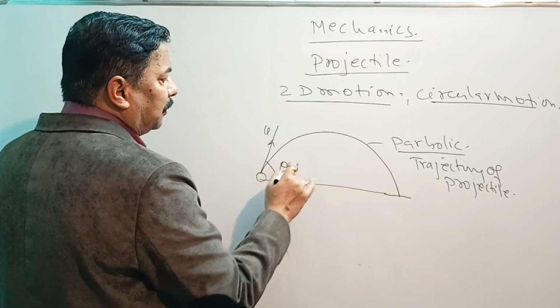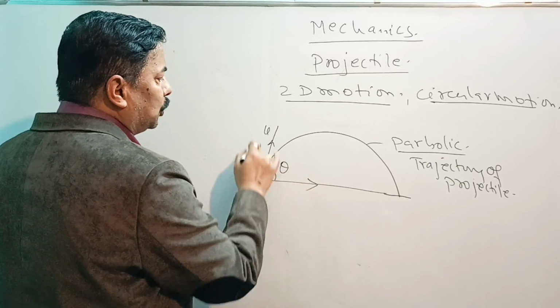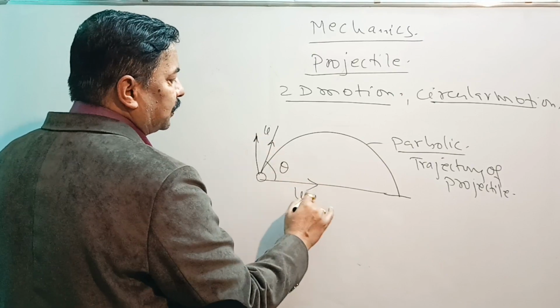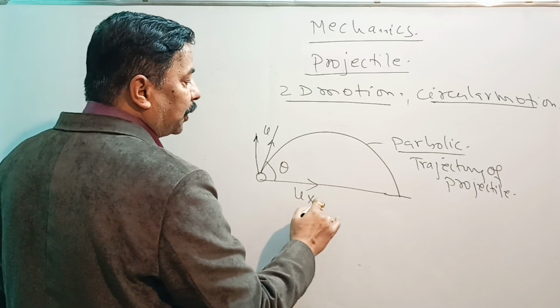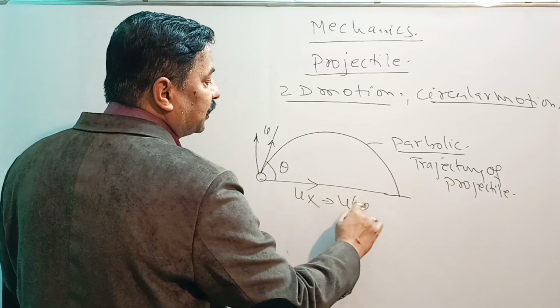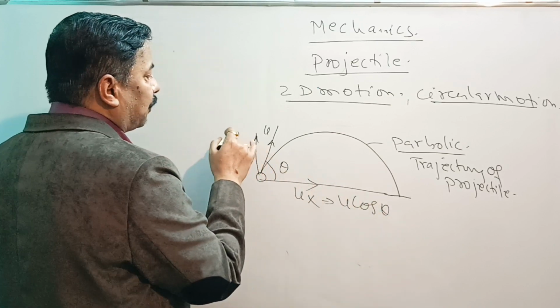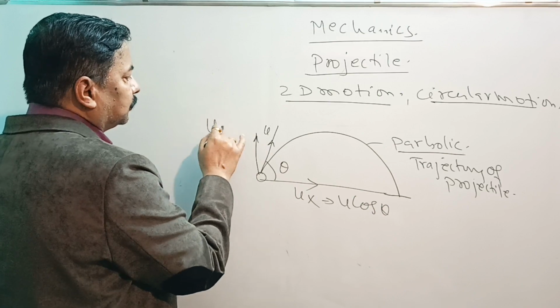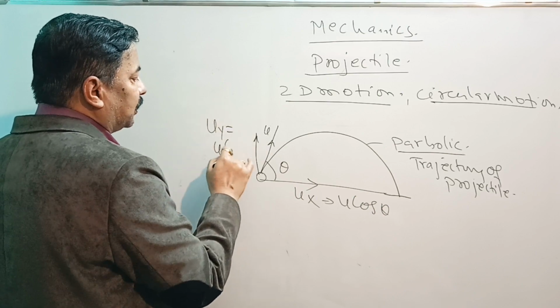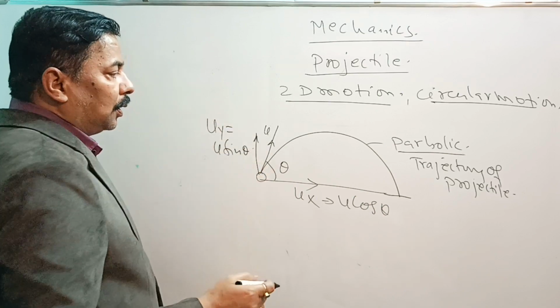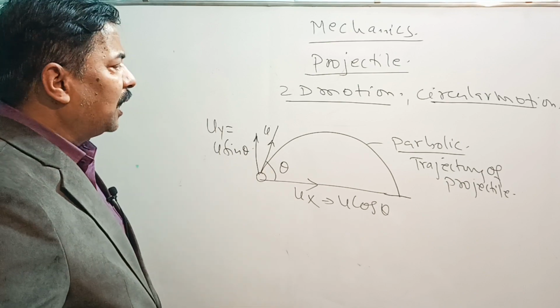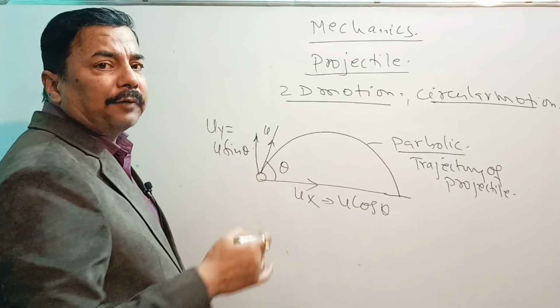Now the initial velocity that has been given to the projectile at an angle theta can be divided into two components. One is ux, x component, that is u cos theta, and one is y component, u sin theta. It is important to understand that it is not a powered flight.